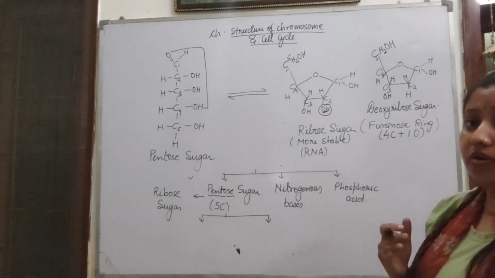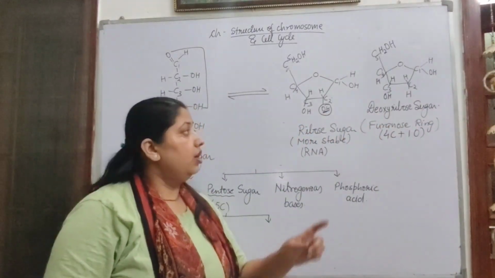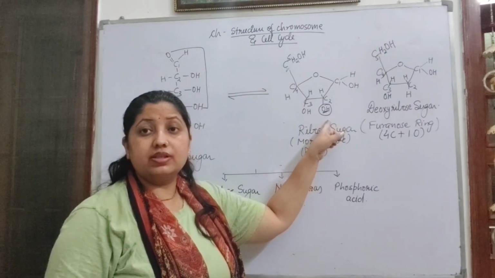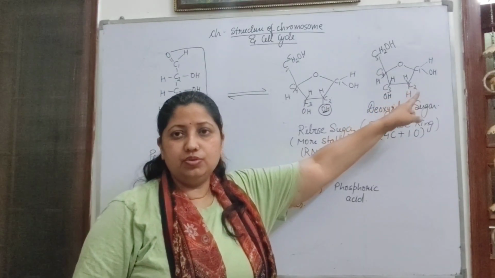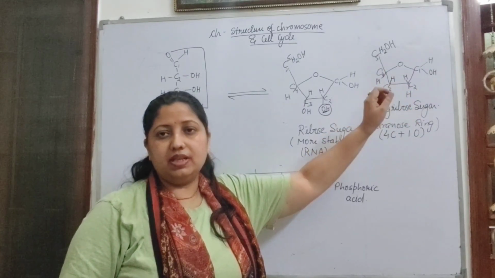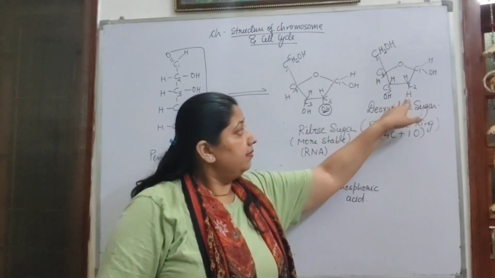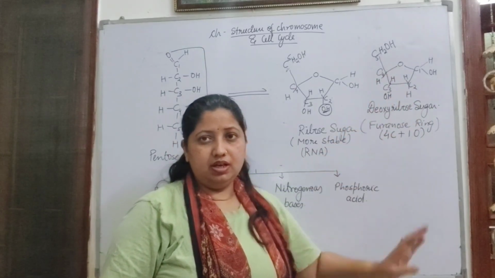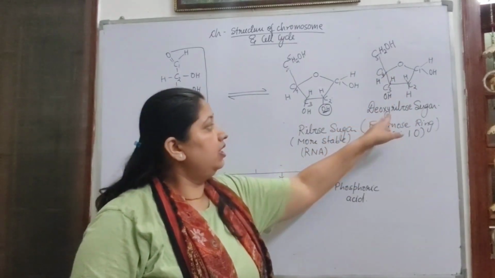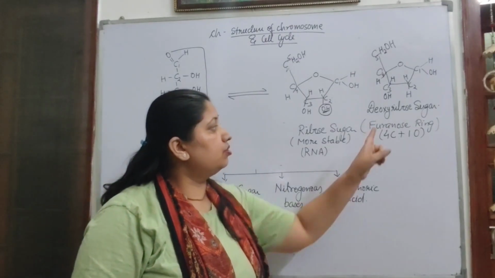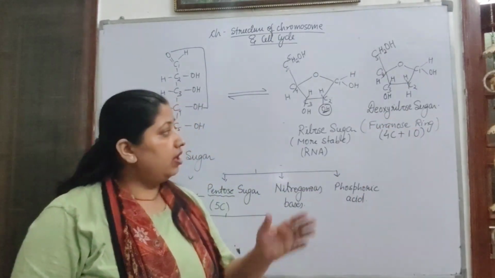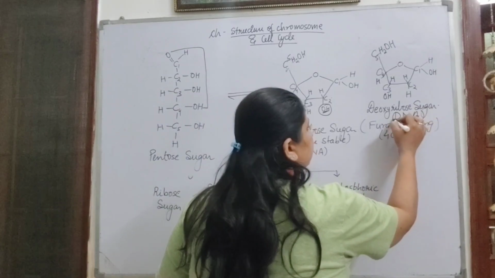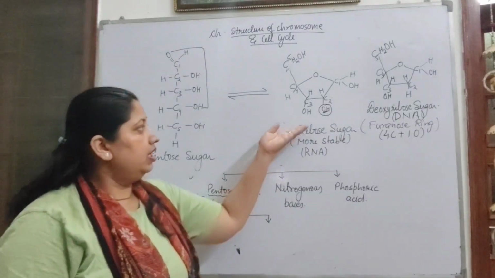So this is called deoxy, the removal of oxygen. So oxygen is removed from here, and when oxygen is removed we say deoxy. So at carbon number 2 the oxygen group is removed, or we can say the OH group is replaced by hydrogen. Okay? So hydrogen came here, and the oxygen is simply removed, deleted. That is deoxyribose sugar. So this one is of RNA and this one is of DNA, simply the DNA sugar, deoxyribose sugar.